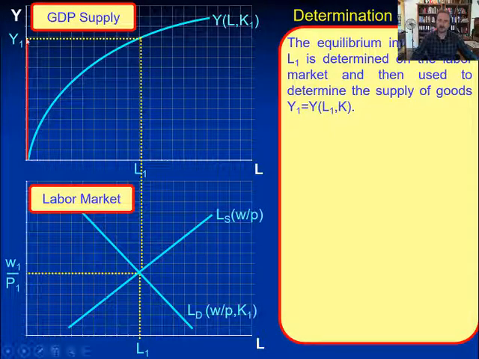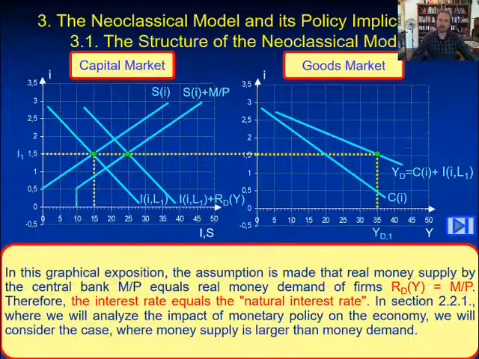So this production level, determined here in the production module of the neoclassical model, is equal to GDP supply. By Say's law, we know that at this equilibrium interest rate from the capital market, total supply of goods is equal to total demand.